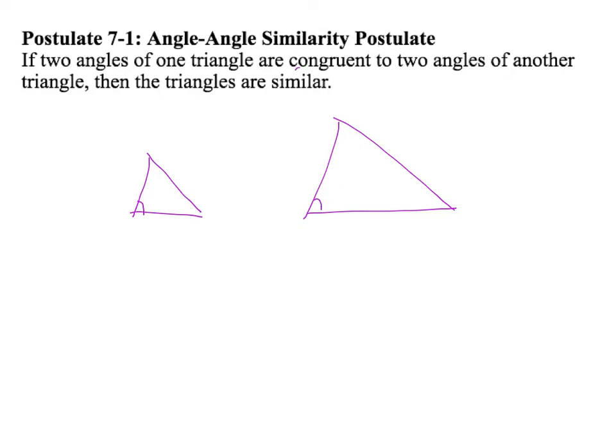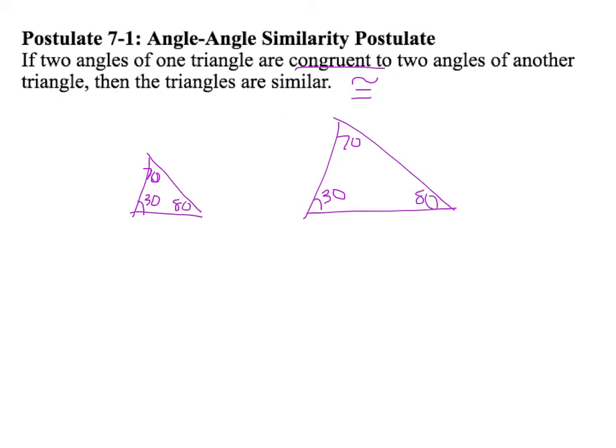Congruent means that they're exactly the same. Okay, there's the symbol for congruent. So if we have, let's say, a 30-degree angle and a 70-degree angle in two different triangles, all triangles have to add up to 180 degrees, so that means that these third angles have to be 80 degrees.